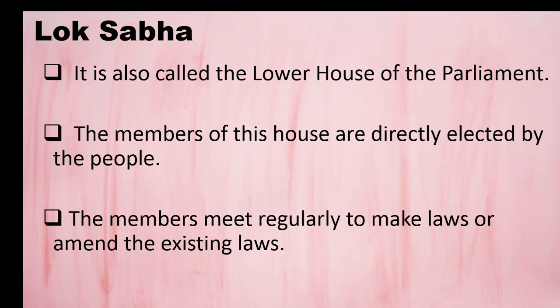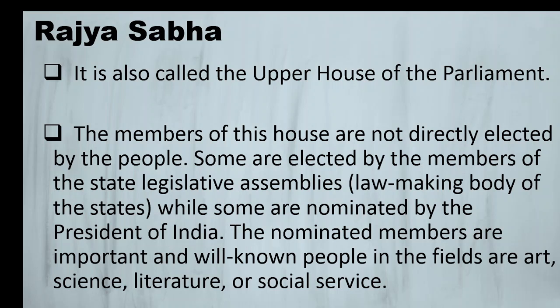Okay. Now we are going to learn about the Rajya Sabha. Rajya Sabha is also called the upper house of the Parliament. The members of the Rajya Sabha are not directly elected by the people. Some are elected by the members of the state legislative assembly, while some are nominated by the President of India.